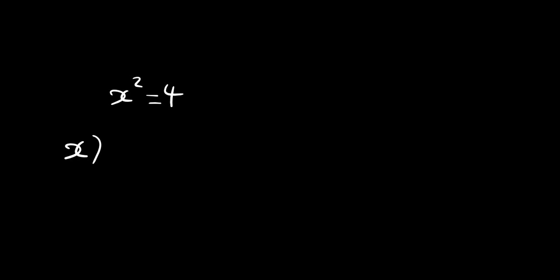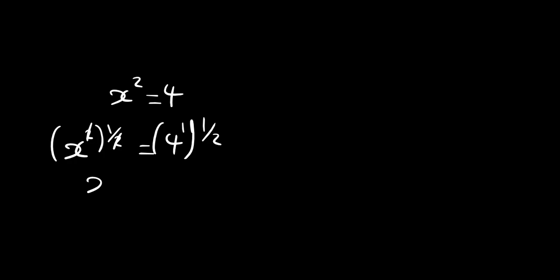So if this is our power 2, we're going to multiply by the reciprocal, which is 1 over 2, on both sides. We know that 4 has a power of 1, right? So this will also have a half like that. So the 2 and the 2 are going to divide. On this side I'm just going to remain with x to the power 1, which is the same as x.